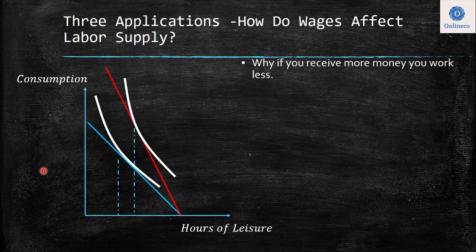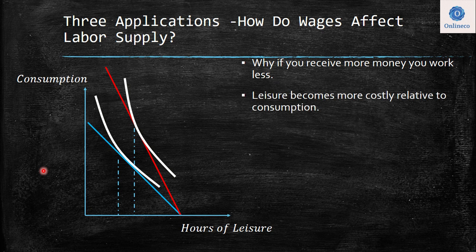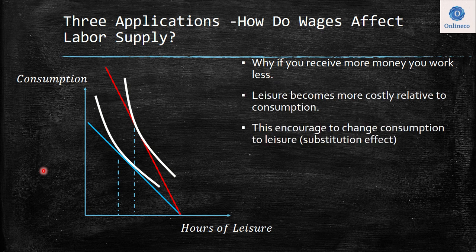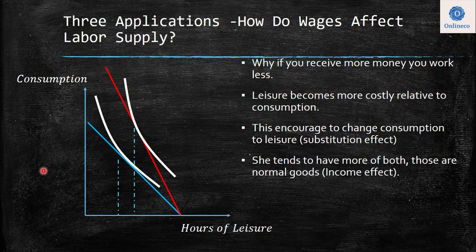Imagine that you get a higher salary, but then you start to work less because you start to value leisure time more, and you get more leisure time due to a higher salary. Then leisure becomes more costly relative to consumption. At the end, this encourages changing from leisure to consumption, which is the substitution effect.